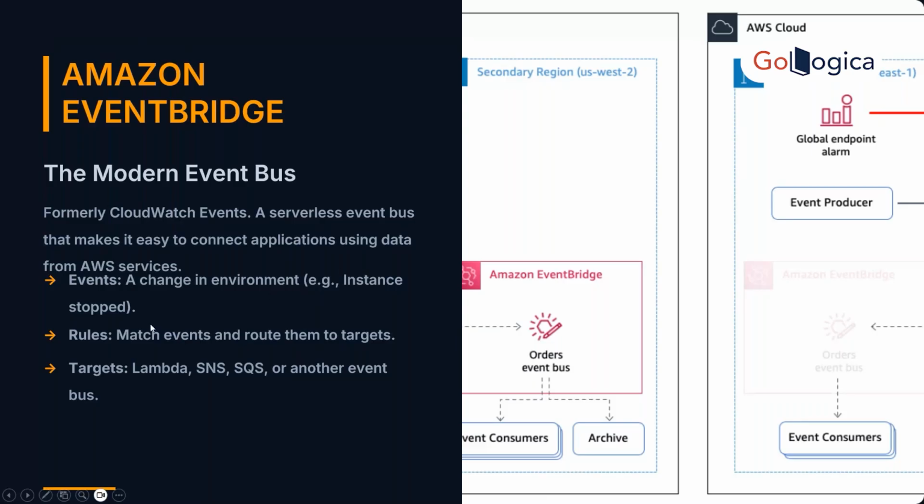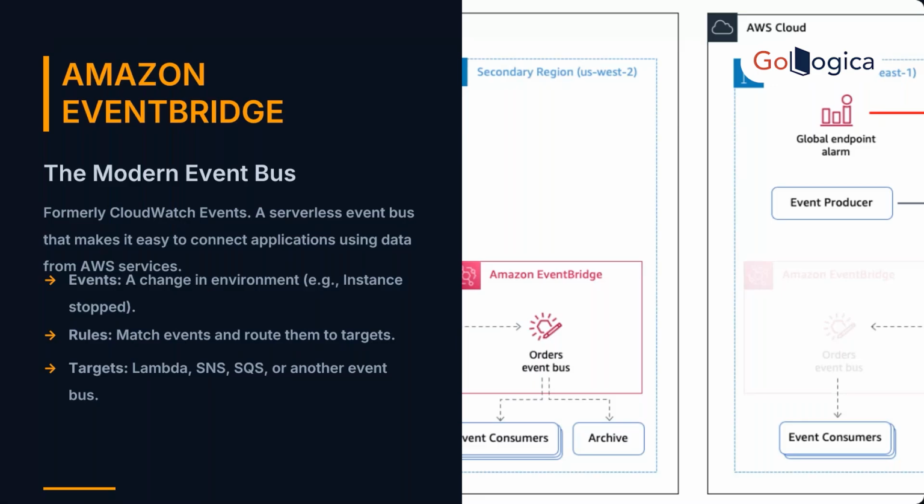Now the rule says that if the state changes to stopped, then trigger SNS and send this state change notification to email. It can trigger a Lambda function, SMS, SQS, or any other service that you select for that rule.